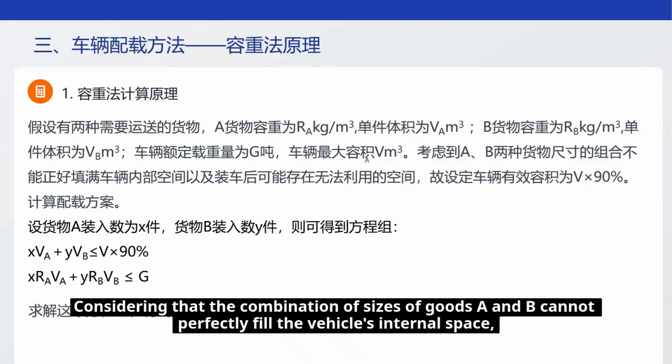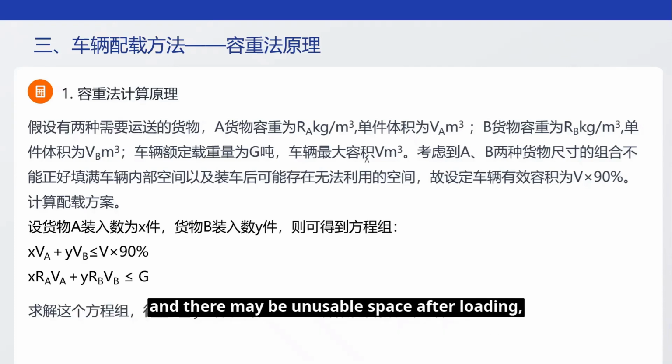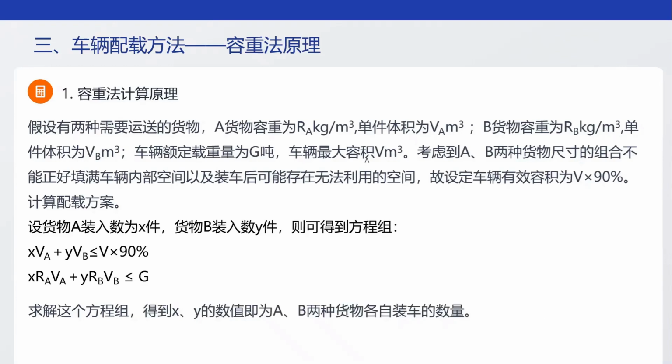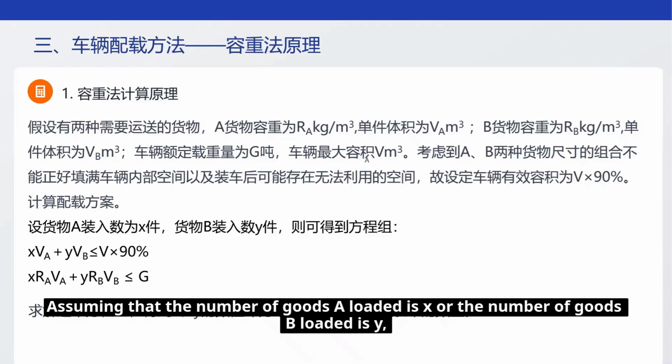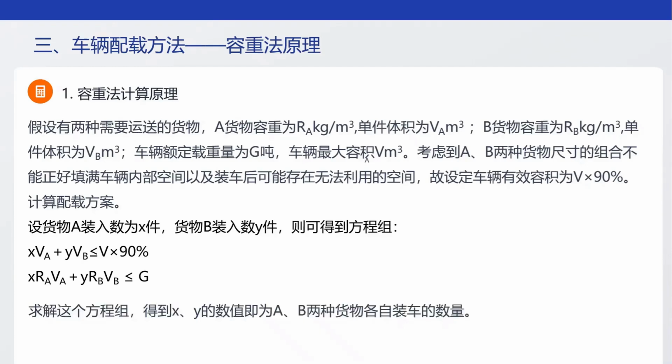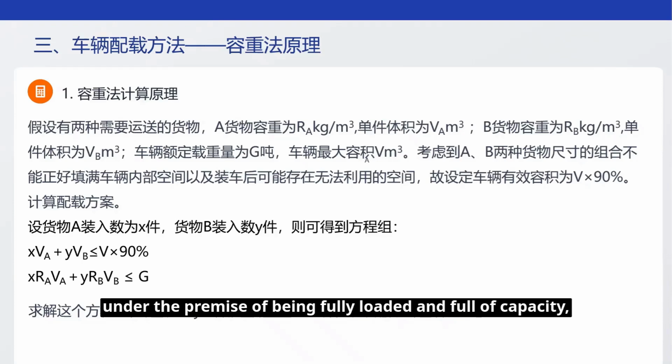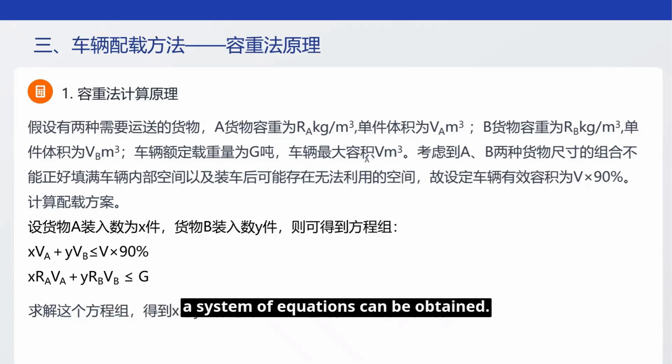Considering that the combination of sizes of goods A and B cannot perfectly fill the vehicle's internal space, and there may be unusable space after loading, the effective volume of the vehicle is set to 90% of V. Now, calculate the loading plan. Assuming that the number of goods A loaded is X and the number of goods B loaded is Y, under the premise of being fully loaded and full of capacity, a system of equations can be obtained.